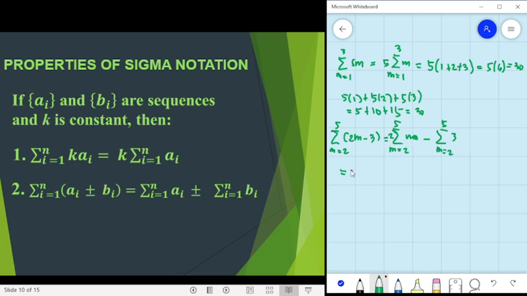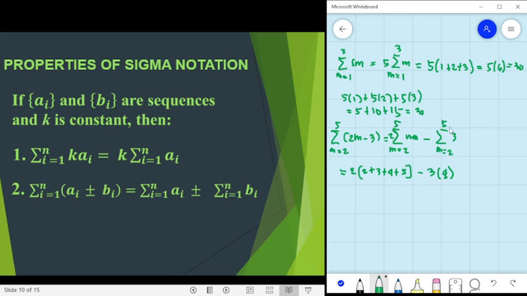So it would be 2 times the quantity 2 plus 3 plus 4 plus 5, minus 3 times 4. Why 4? Because there are four 3s, from 2, 3, 4, 5.